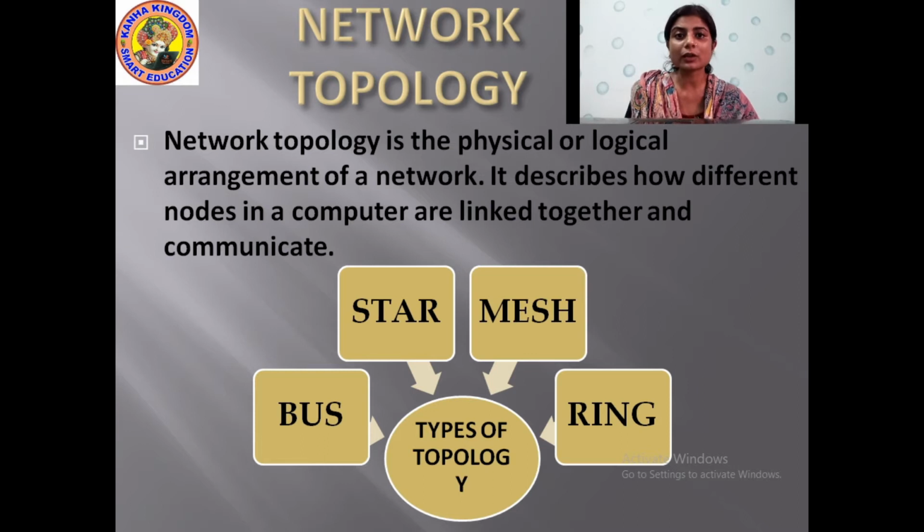It describes how different nodes in a computer network are linked. Now what are different nodes? I already told you, the individual computers which are connected to the network, those are the nodes. Okay, how different nodes in a network are linked together and how they communicate, that is known as the network topology.